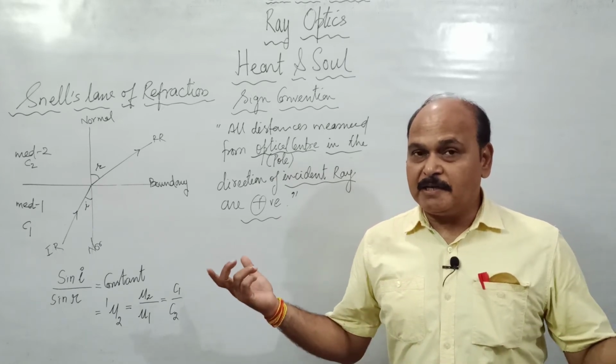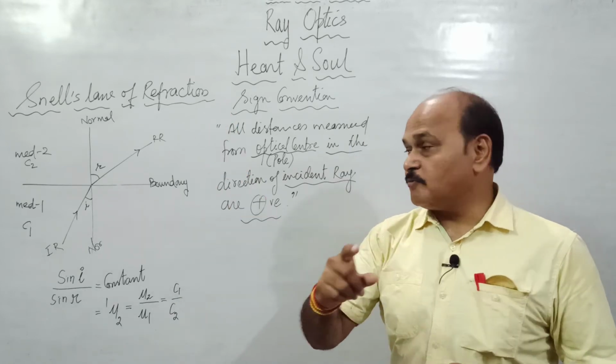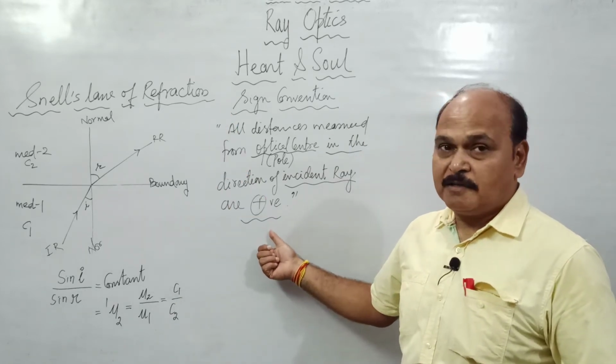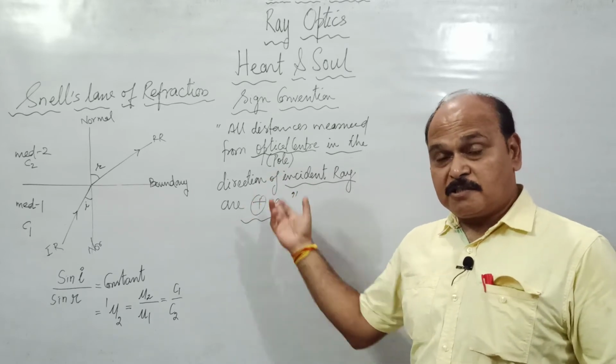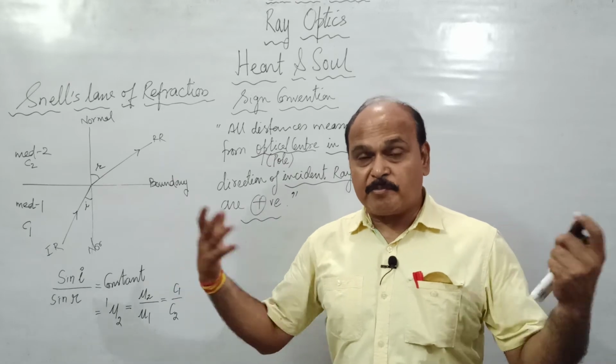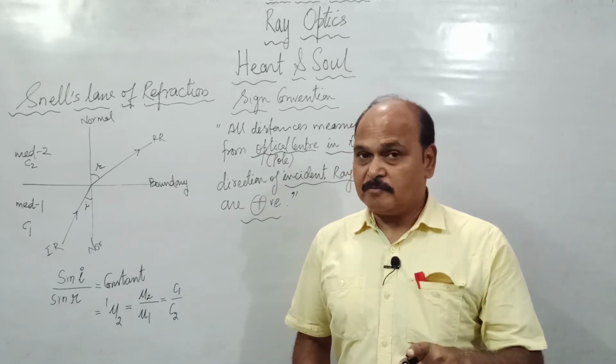And if we are measuring any distance in the direction opposite of incident ray, then that distance would be a what? Negative sign. If distances measured in the direction of incident ray are positive, then distances measured in the direction opposite of incident ray are going to be negative.